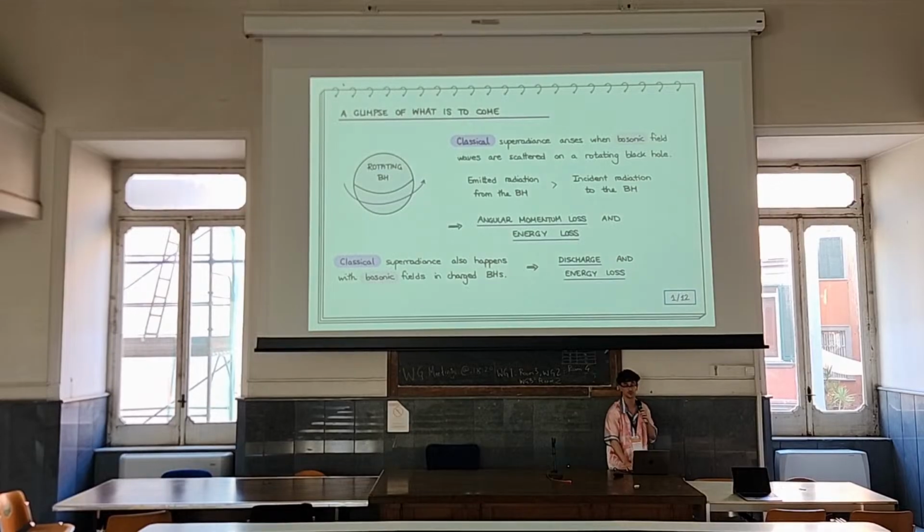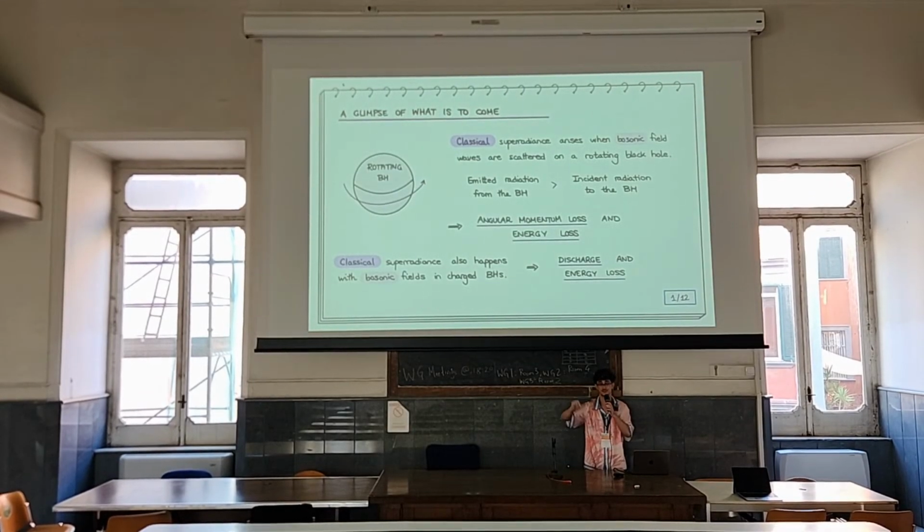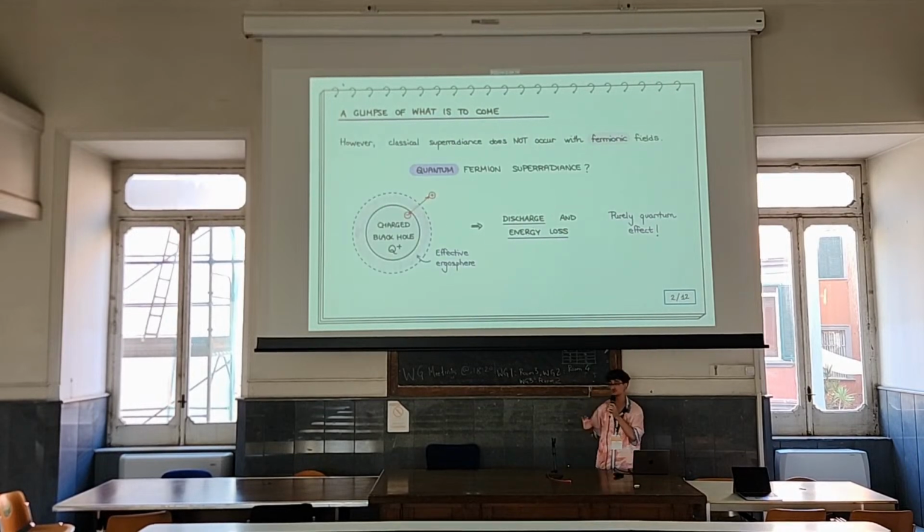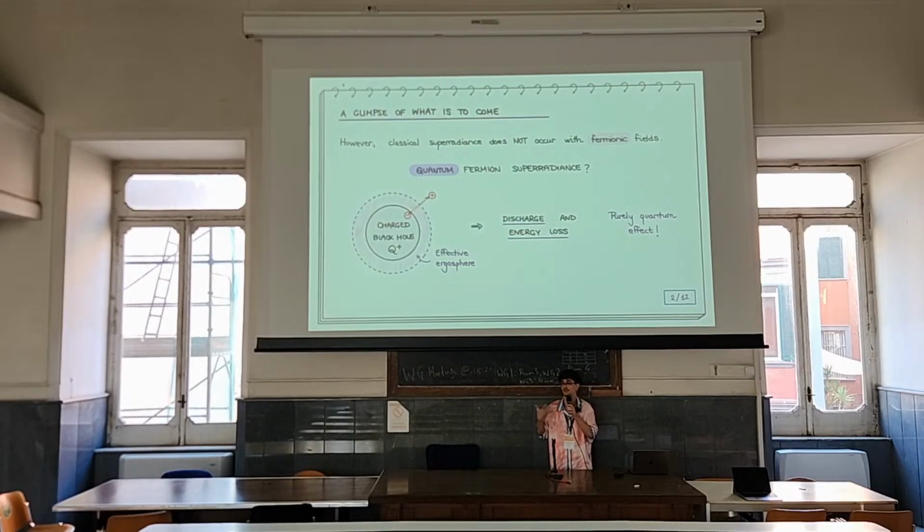However, as I emphasized before, we need bosons, because if we put fermions, then we do not have classical superradiance. And we are going to work with charged black holes and fermions. So basically, we do not have classical superradiance. However, our question is, do we have a quantum counterpart of this phenomenon that acts in a similar way?